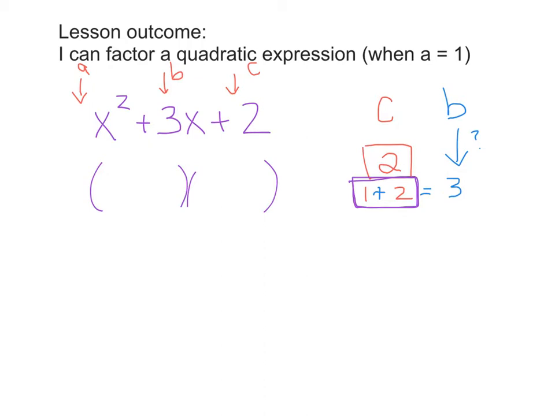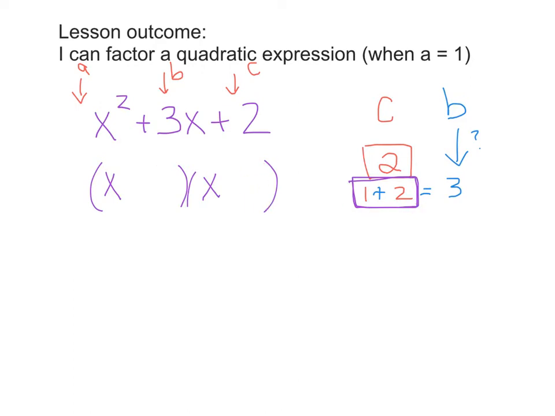So what we're going to do now in these parentheses is write an x here and an x here. The reason we're able to do that is because we know if we were going to FOIL this, remember FOIL: first, outside, inside, last, x times x is x squared. Now we're going to put these 2 numbers, 1 and 2, in here and in here.